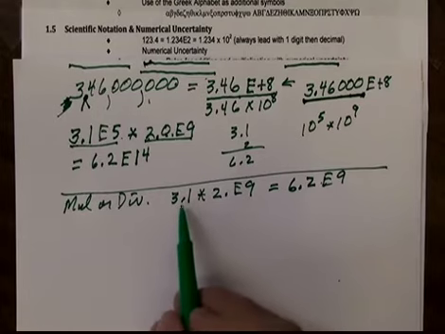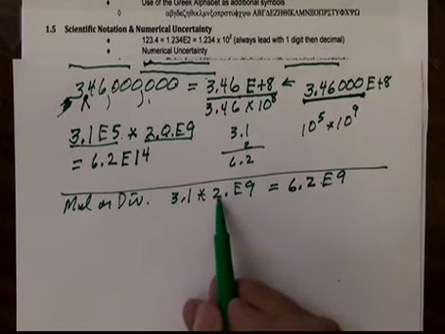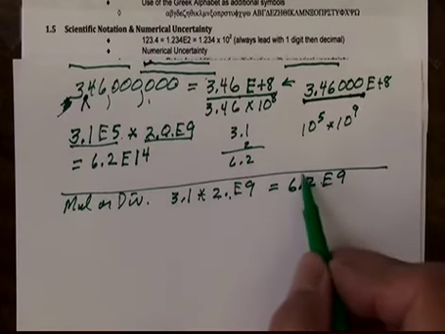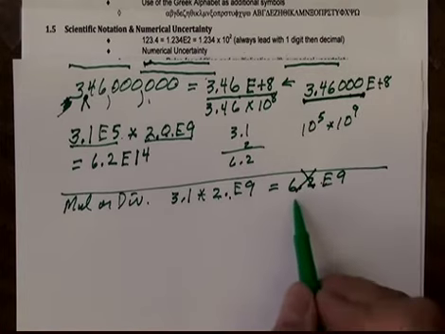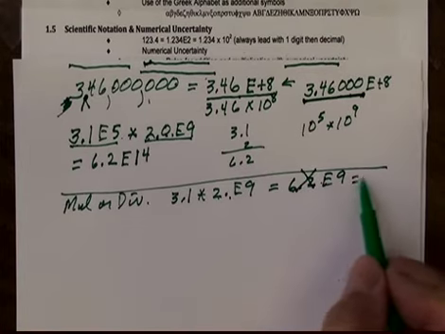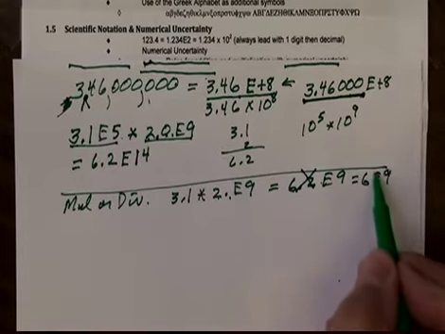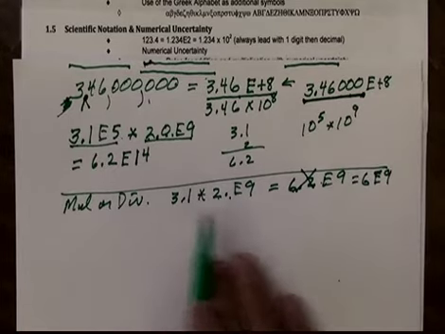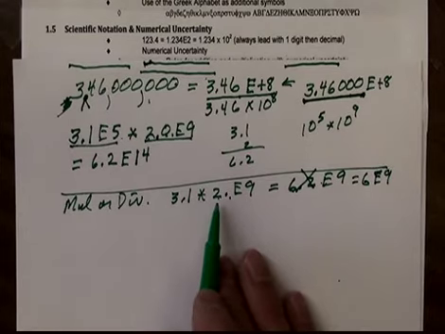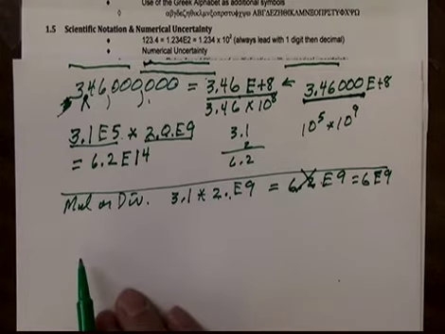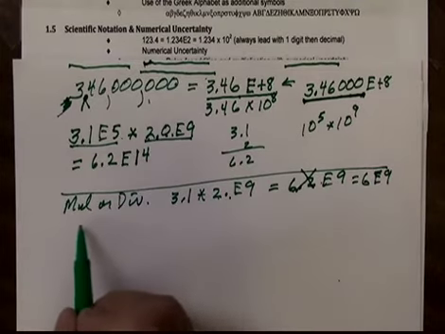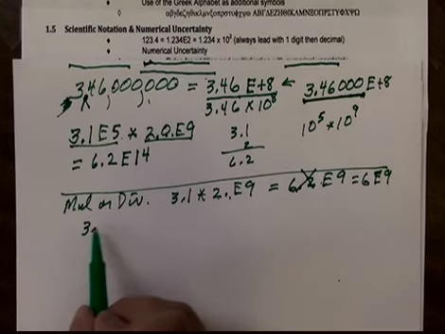But you'll notice that since this has 2 significant digits and this only has 1, then in fact I must throw away this significant digit and end up with a 6 e to the 9th. So in multiplication or division, I retain only the number of digits in the least accurate number that is being divided or multiplied. Why don't you do an example and see if you can work this.